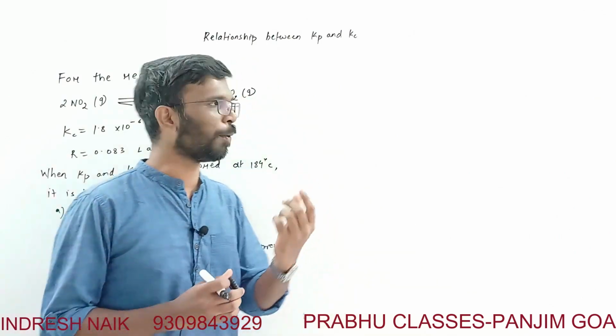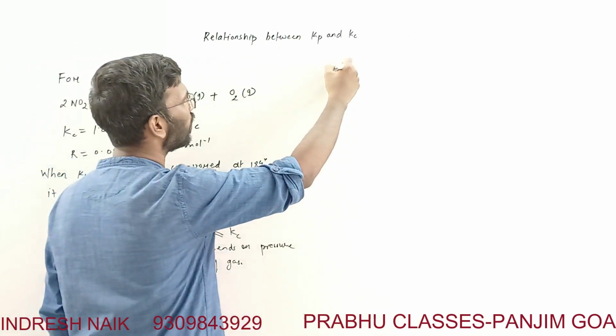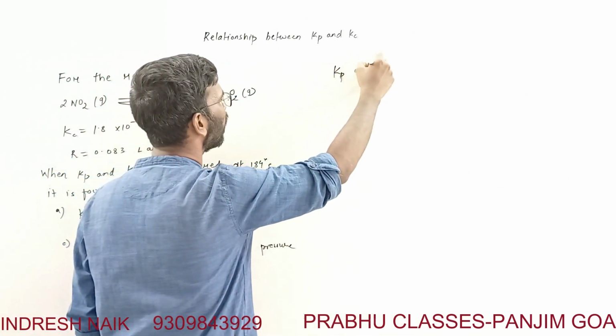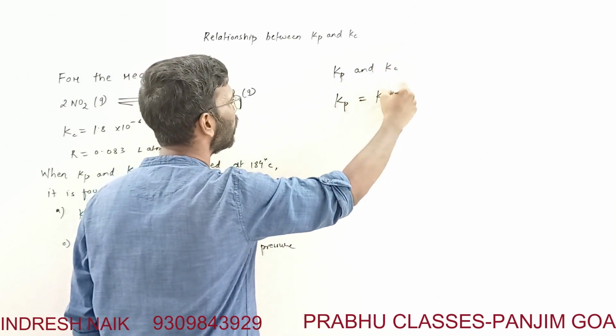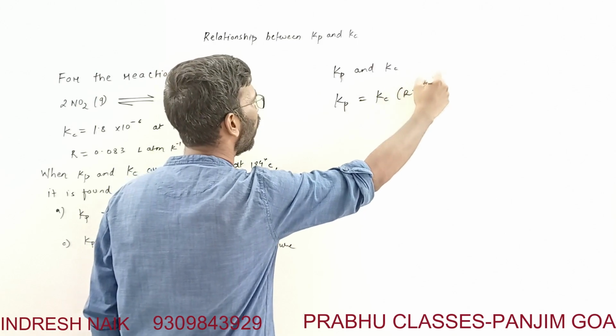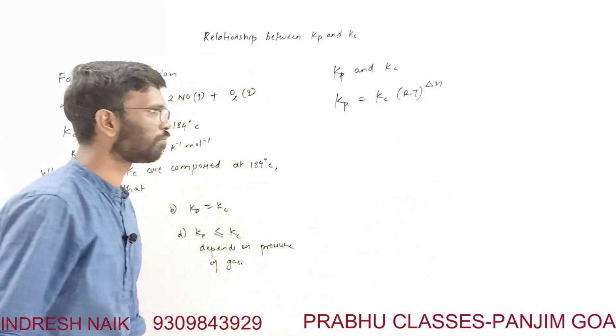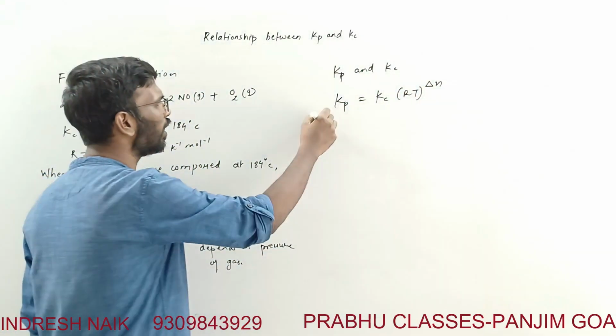Relationship between Kp and Kc. If you check Kp and Kc, how are they related? Kp is equal to Kc into RT raised to delta n. Now over here, what is delta n?